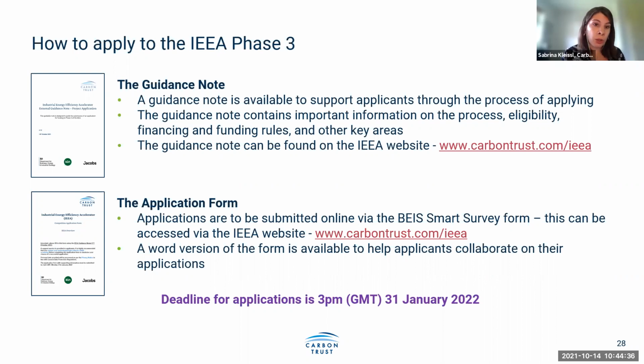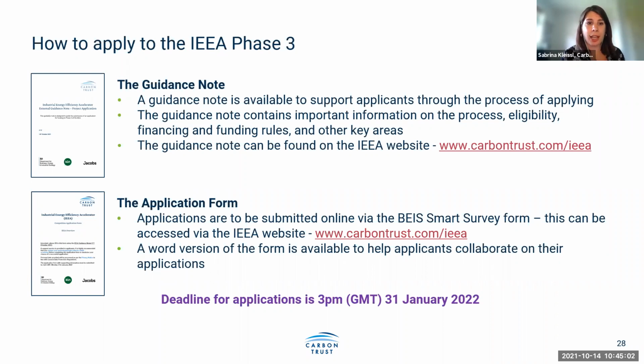You should also review the application form and the draft grant funding agreement to ensure that you find the terms and conditions acceptable. You can access and download all these documents from our IEEA website at comtrust.com/IEEA.